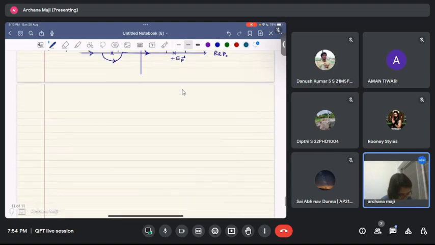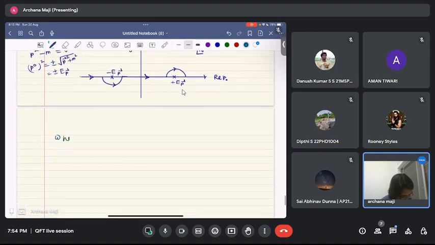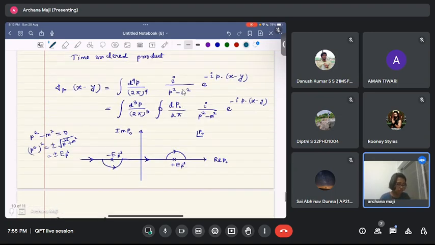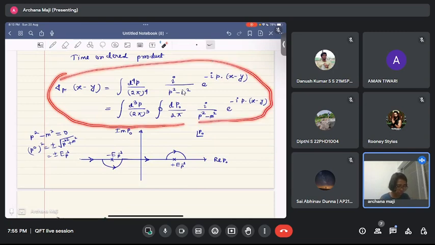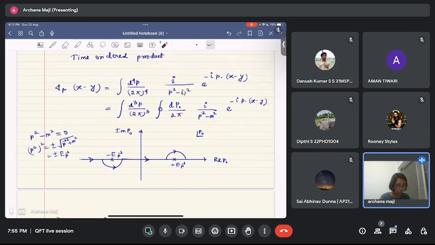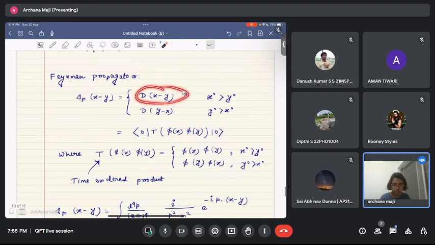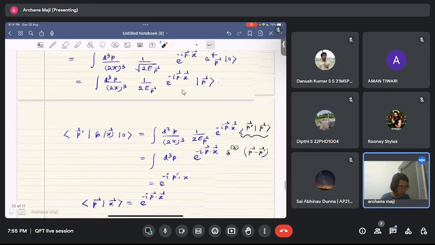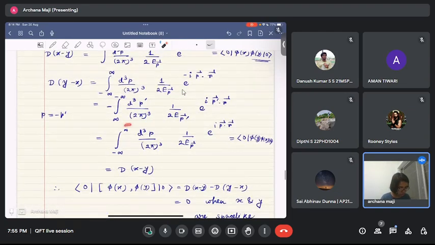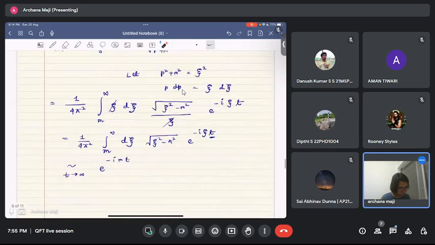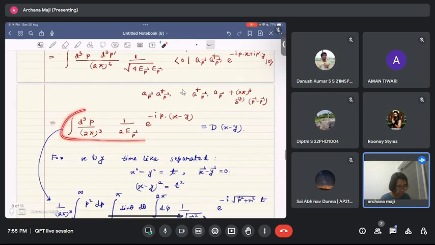So when x0 is greater than y0, this integral representation of the Feynman propagator should boil down to D(x minus y), that is, the left hand side.